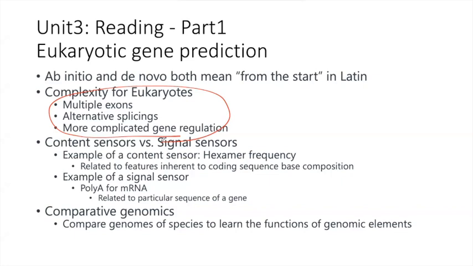So we know a lot more in detail, not on the human, but on this model organism. By doing this comparative genomics, we actually learn a lot about eukaryotic genome structure, especially the complicated human.